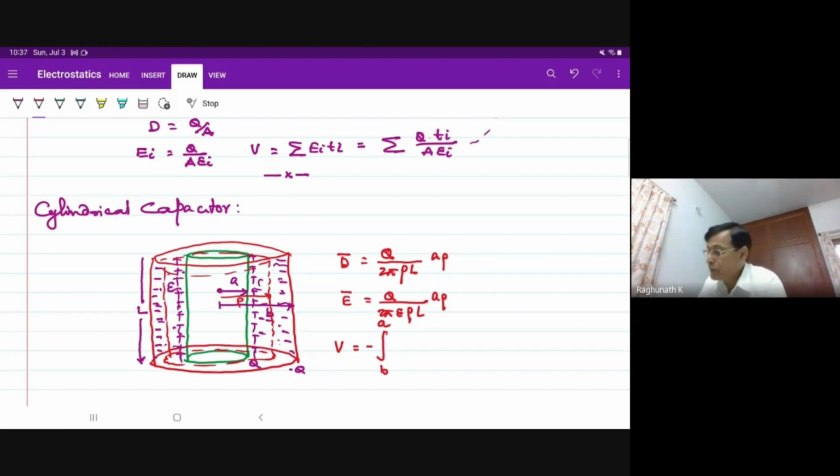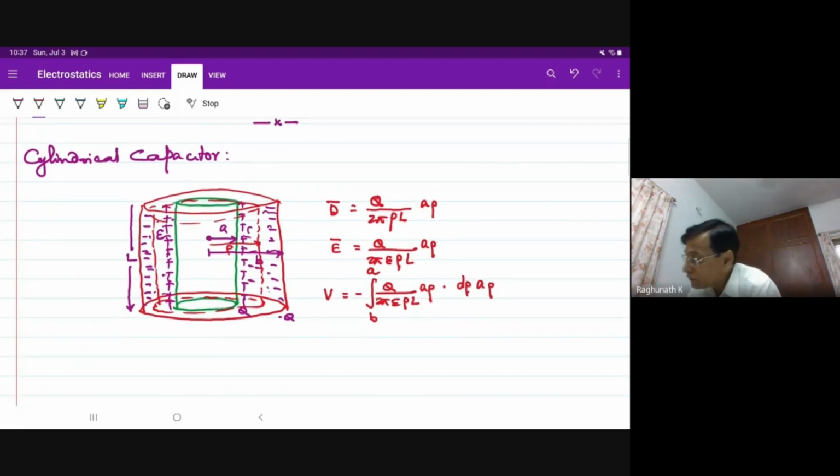Q by 2 pi epsilon rho L A rho dot DL, which is D rho A rho, because I'm just changing rho, which is equal to Q by 2 pi epsilon L integral, sorry, A to B I will put now, minus I will remove and say A to B, D rho by rho.